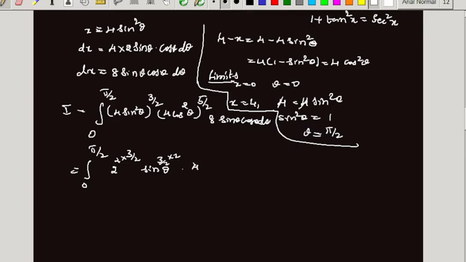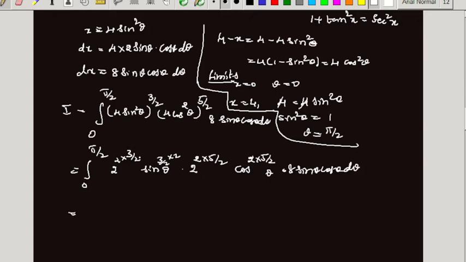Then 4 is 2 square, power 5 by 2, and cos square multiplied with the power, into 8 times sin theta into cos theta d theta.